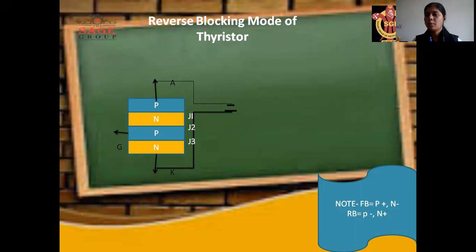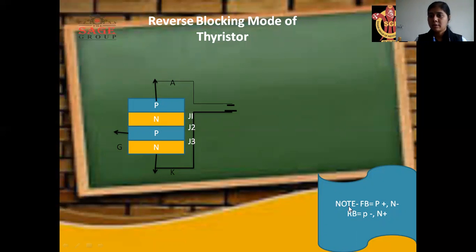In this operating mode, junctions J1 and J3 are in reverse bias, but junction J2 is in forward bias. Why? Because junction J1 is made up of P and N, where P is connected with the battery's negative terminal and N is connected with the battery's positive terminal. That's why junction J1 is reverse biased.